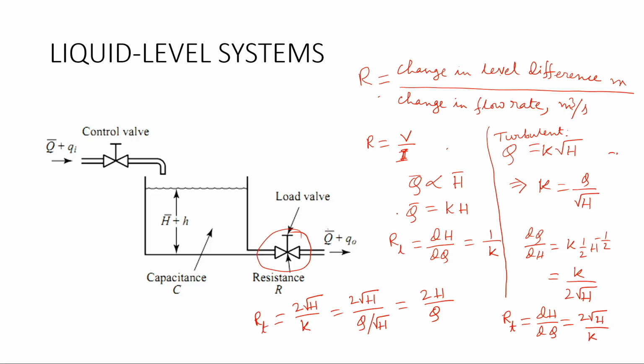From this particular relation, you can see k equal to Q by H. So, 1 by k means H by Q, that is for R_L, and for R_T it is 2H by Q. So, this is actually double of this R_L.